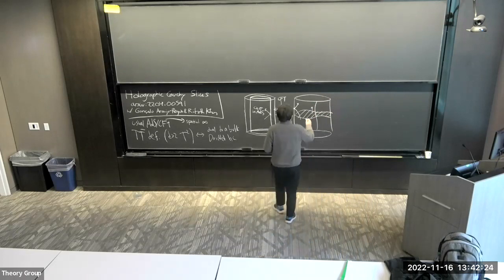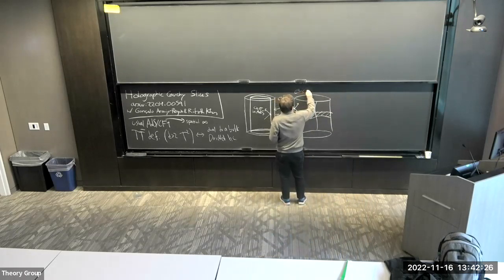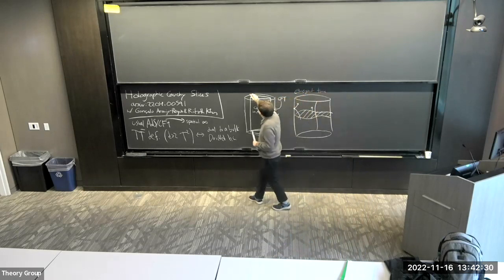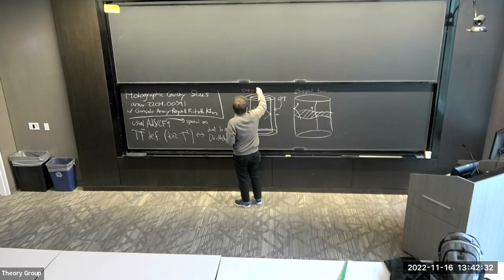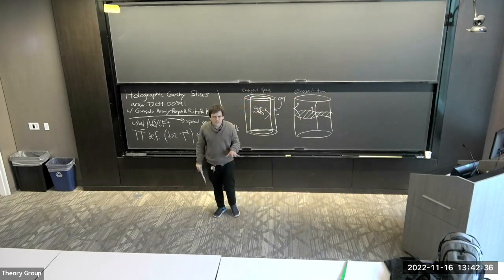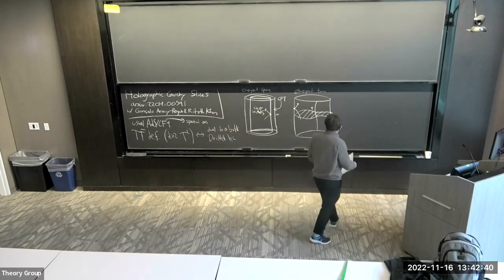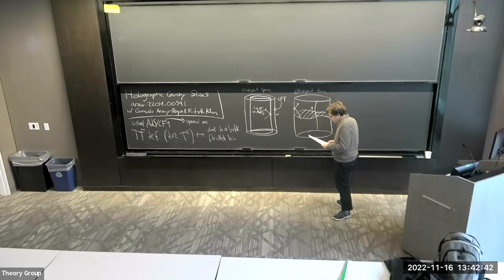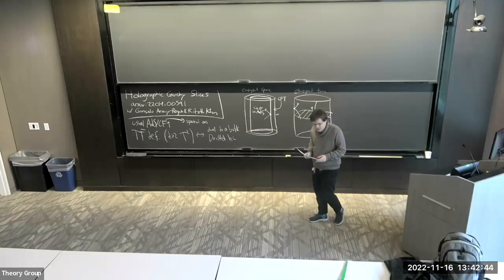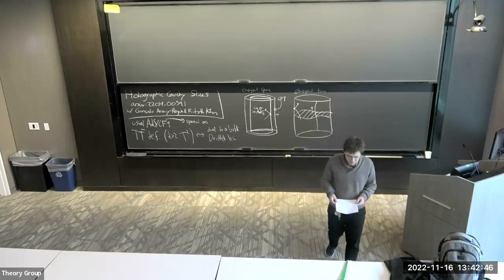So this is emergent time. It turns out that you can actually do this with the exact same deformation. You just have to start in a somewhat different place. So I'll explain that in a moment.